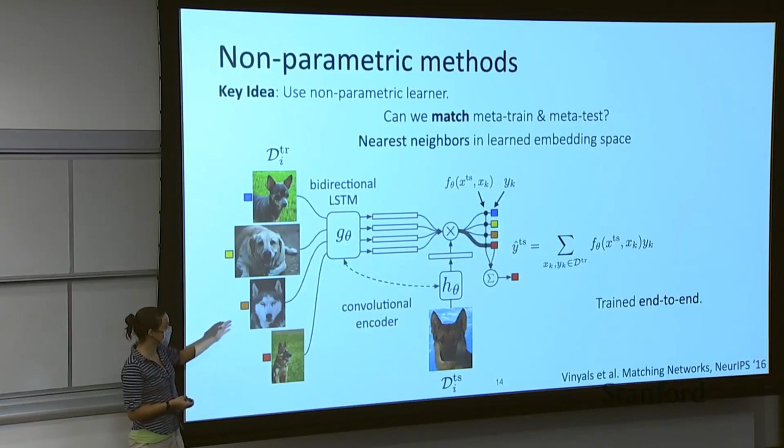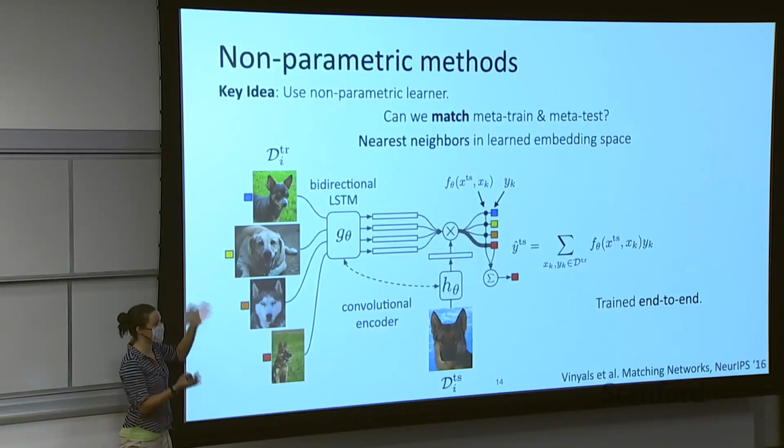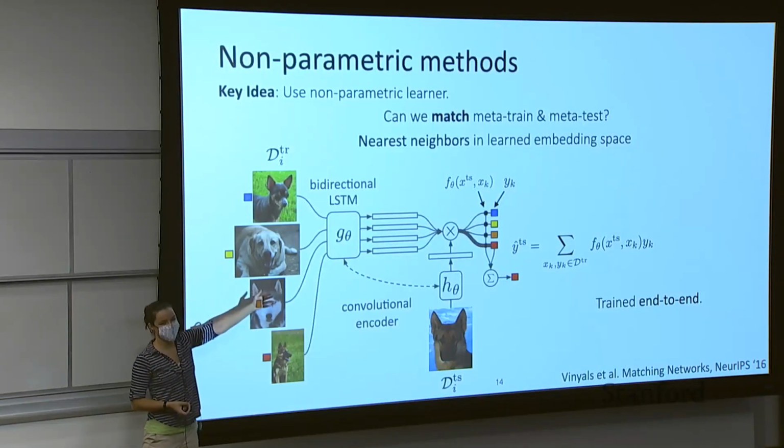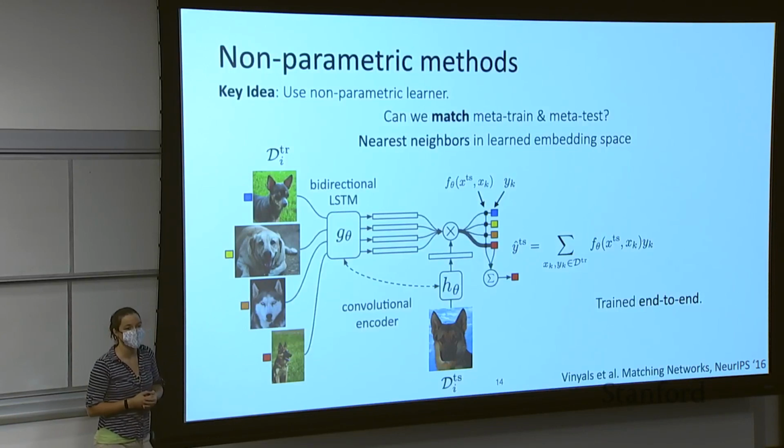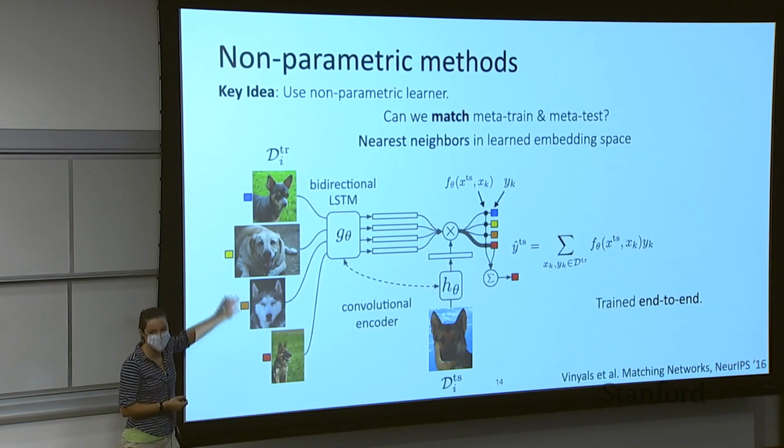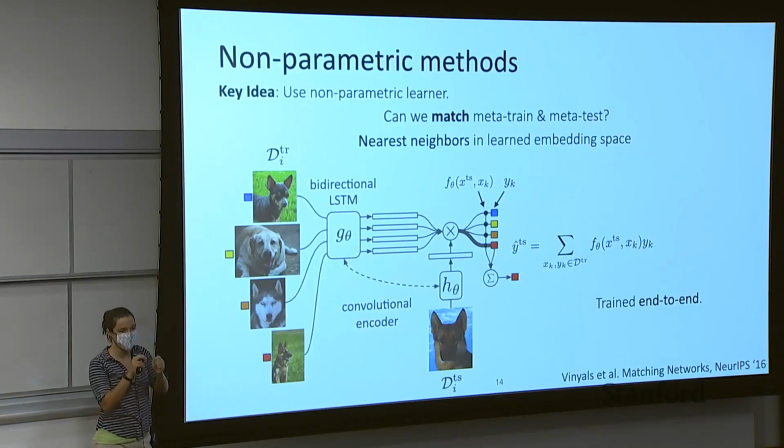And this allows the network to actually look at what the other classes look like, realize that they're breeds of dogs and not, for example, dogs versus cats, and use that to determine how fine-grained of a comparison it wants to do. So looking at all of the classes in the problem actually allows it to tailor how narrowly it will be defining a class.